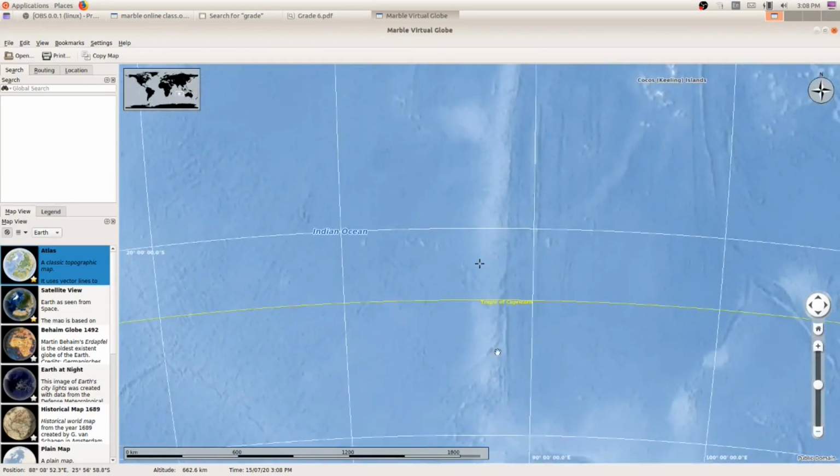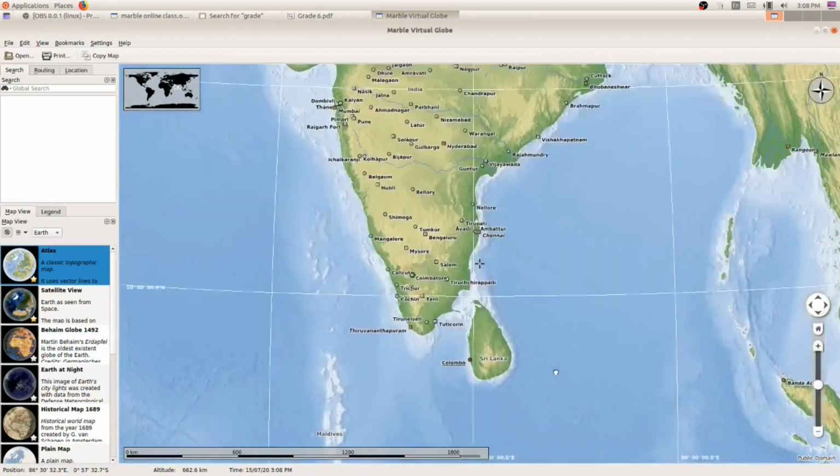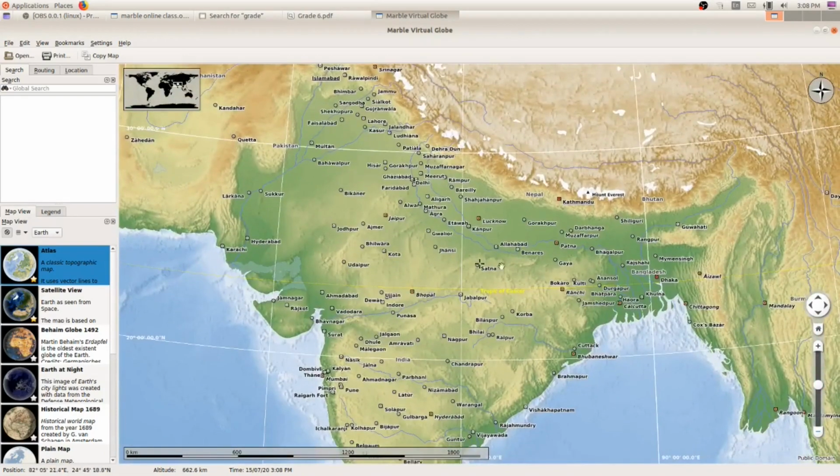Can you see here Tropic of Capricorn, and can you see here Tropic of Cancer? It is written here. So here I'll ask you one question. Which is the major latitude passing through India? Tell me, which is the major latitude passing through India? Yes, you can see here this one.